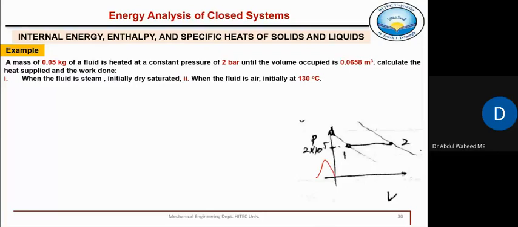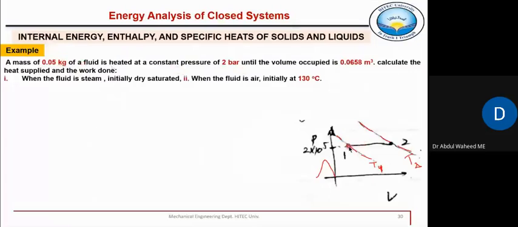So initially at temperature, so initial temperature, so this is the PV diagram, and in the gaseous region, these are temperature lines. This is the T1 line, this is the T2 line, this is T1. The rest of the data is the same. Again, the same 0.05 kilograms of mass.